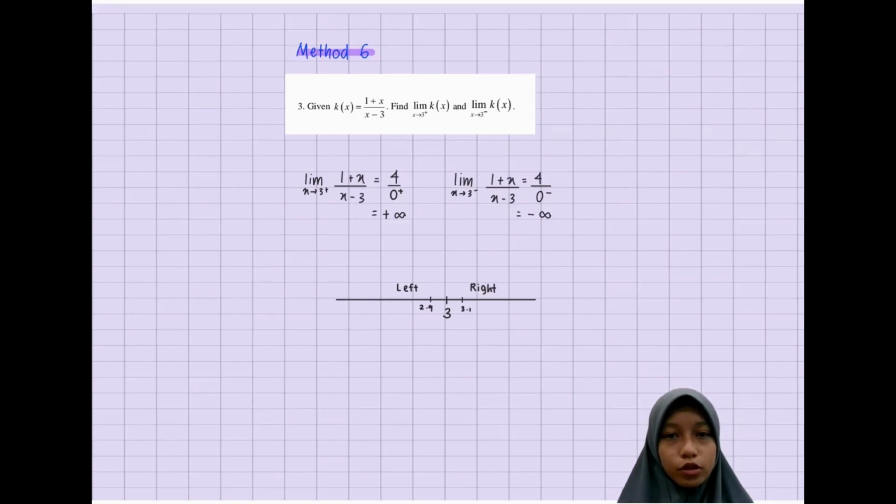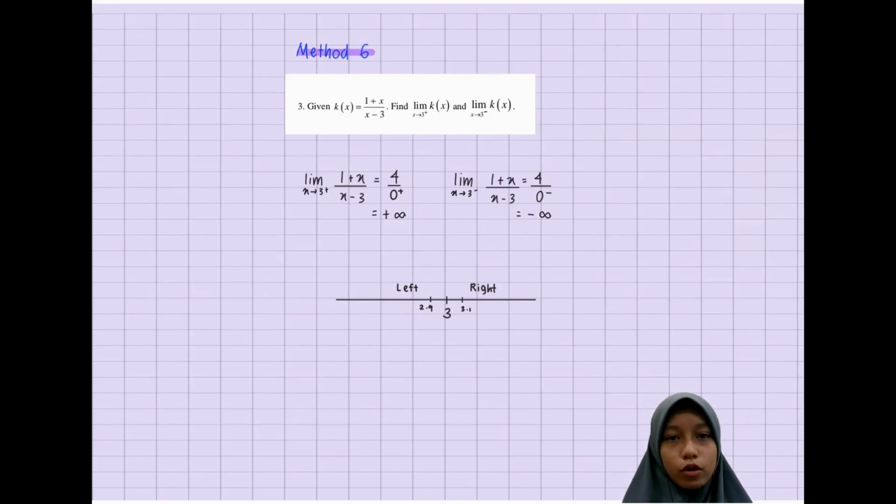So we substitute 3.1 into x, and since the number is positive when x approaches 3 from the right, 3.1 minus 3 equals 0 positive. We put it on the right, on the top of the right.